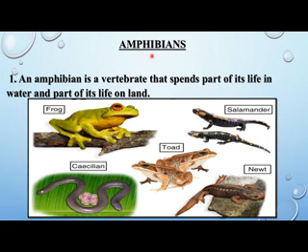Now, the second group of vertebrates is amphibians. An amphibian is a vertebrate that spends part of its life in water and part of its life on land. It means those organisms in this group live on land as well as in water, so they live in both types of habitat.